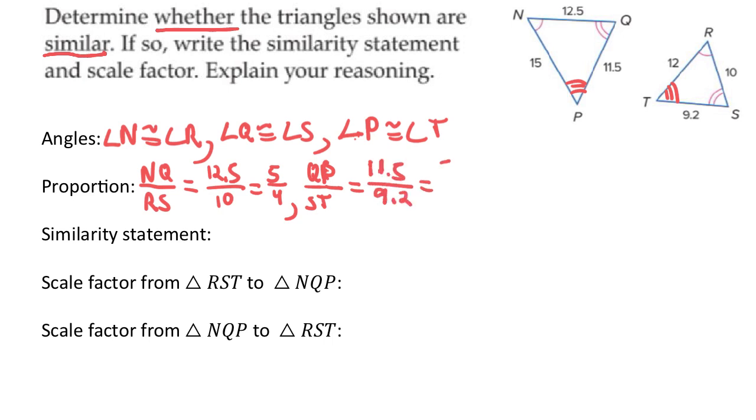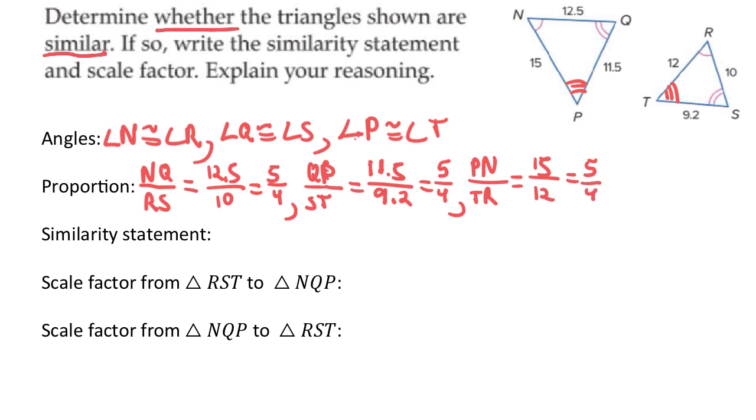That's also 5/4. If you're having trouble seeing that, you can just use a calculator for that. And then finally, we've got 3 to 1 is PN over 3 to 1, which is TR. Well, PN, we're told is 15. TR, we're told is 12. Right, if I divide by 3, I get 5. Divide by 3, I get 4.